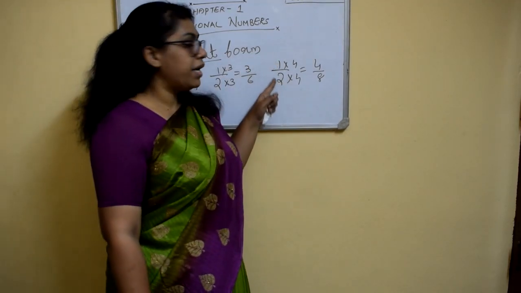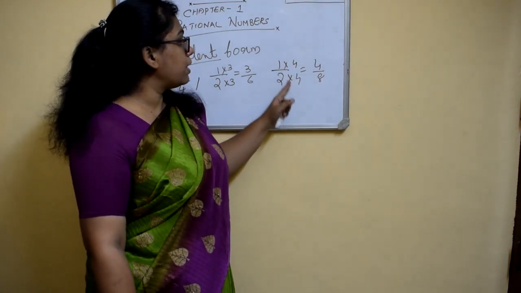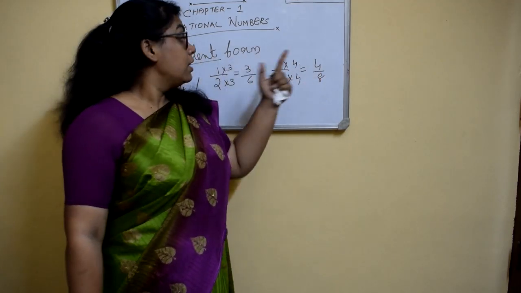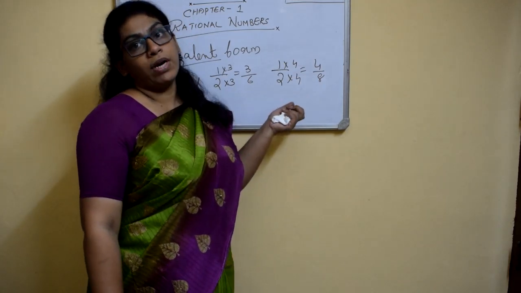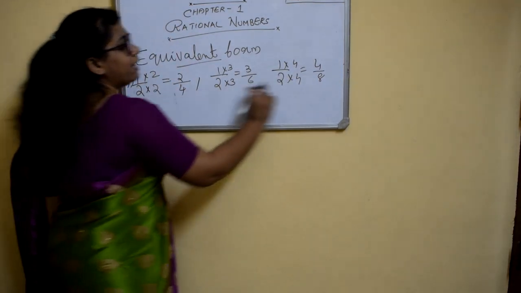Multiplying with 4 gives 4 by 8, which is also an equivalent form of 1 by 2. This is the multiplication method.